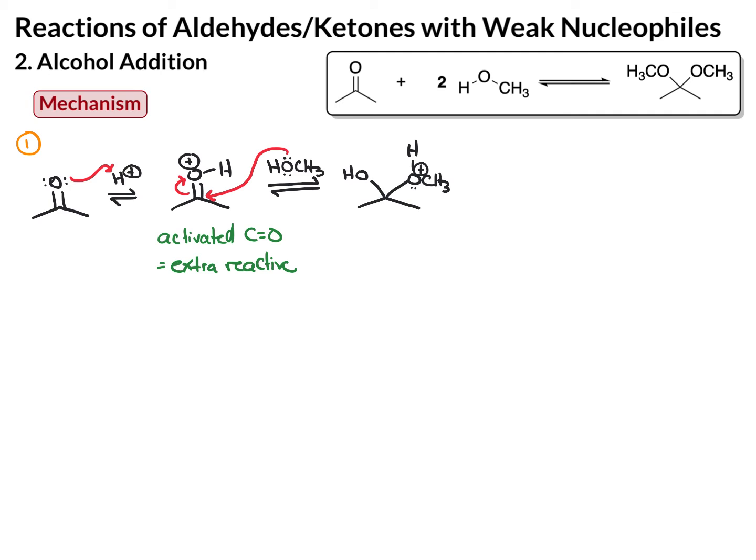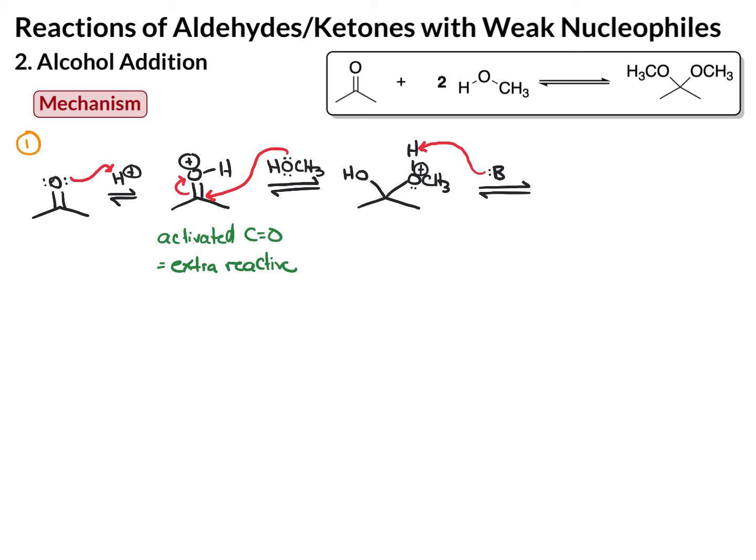Now we need to get that hydrogen off of there. For this step, you can use anything in the reaction that has a lone pair. You can use a molecule of methanol. You can actually use a ketone with its lone pair. Myself, I like to just use B to be generic, just to say anything in that reaction mixture with a lone pair can do this.